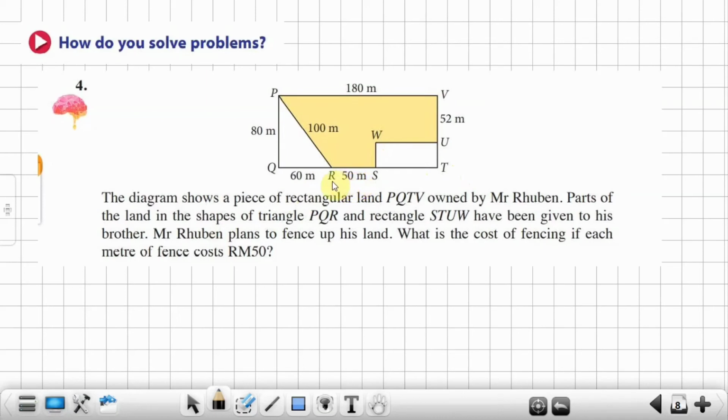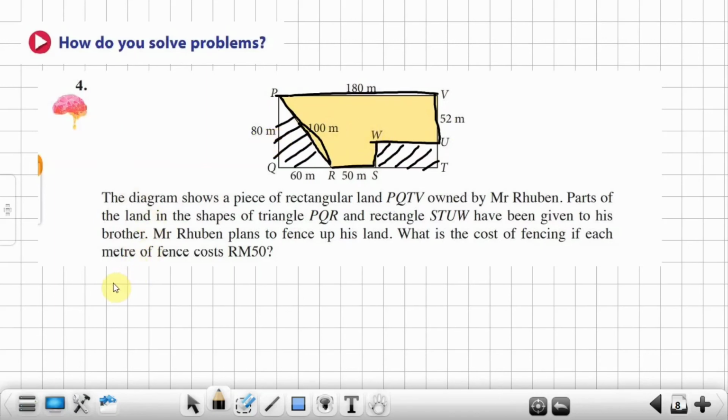First of all, we need to know which one is his land. These two parts are already given to his brother. So the land of Mr. Ruben is PVUWSTSRP. This is the enclosed area of Mr. Ruben's land.